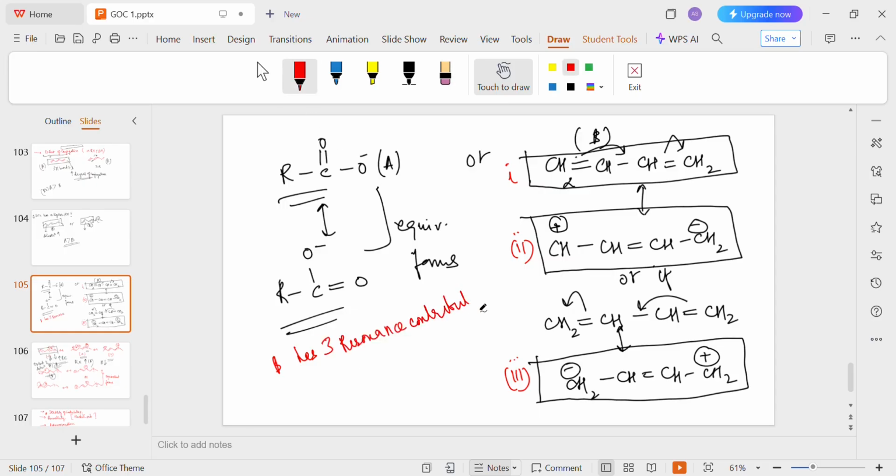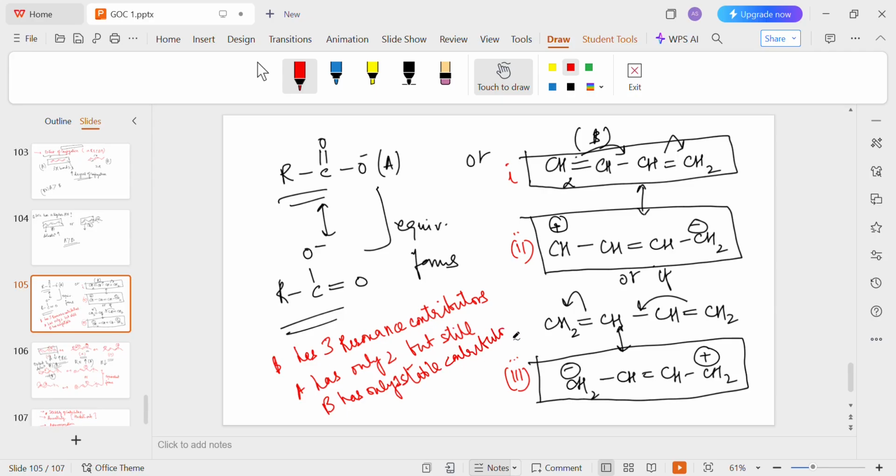Stable contributor of, which is labeled as the first structure. Okay, the other two structures, the second one and third one, are not stable because they have their charges separated. Okay, while if you see in structure A, there are two equivalent forms where the negative charge resides on the more electronegative element. Okay, so of course structure A is more stable.